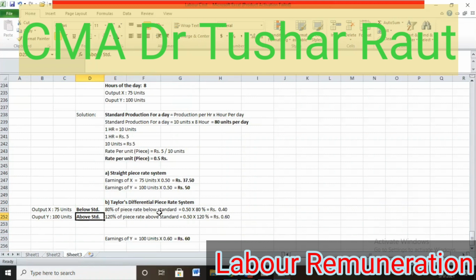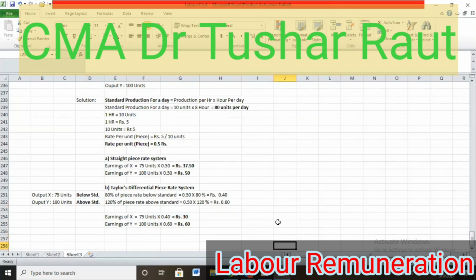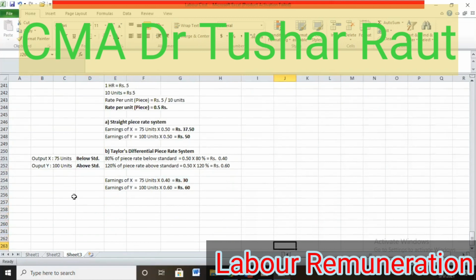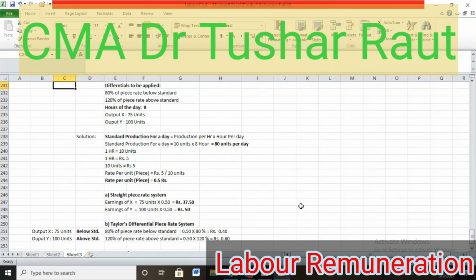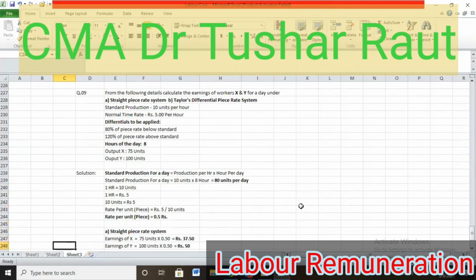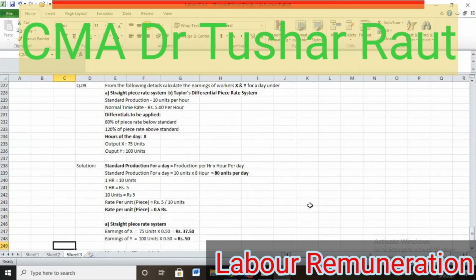He will get 80% of the normal rate, which is 80% of 0.50, that is 0.40. Y worked above standard, so he will get 120% of the normal rate. 120% of 0.50 will be 0.60 rupees. So the earning of X will be 75 units into 0.40, which is 30, and the earning of Y will be 100 units into 0.60. This is how we apply this formula for calculating the earnings of workers.